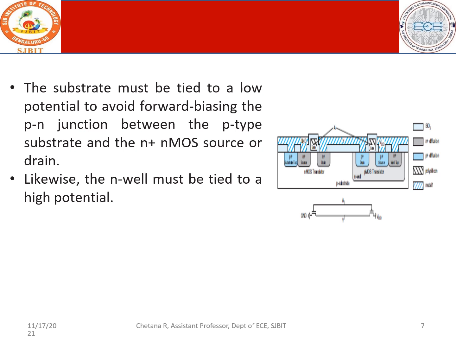The substrate must be tied to a low potential to avoid forward biasing the p-n junction. Please understand here, what is the type of the substrate? P-type. What is the type of the well structure? N-type. What is the type of diffusion you have? If this is a P substrate, the diffusion is N-type.